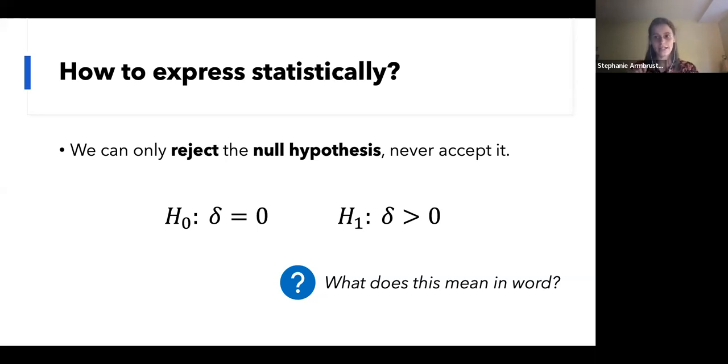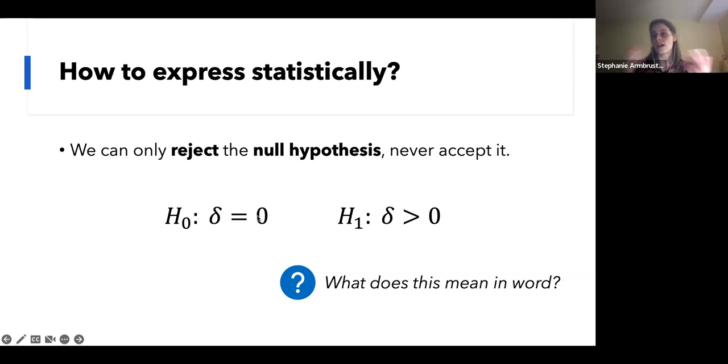We can reject it. We can say, no, it's false. But we can never say, oh, it's true. That's just the way a statistical test is constructed. We control for an error term, but we cannot control for the other one.